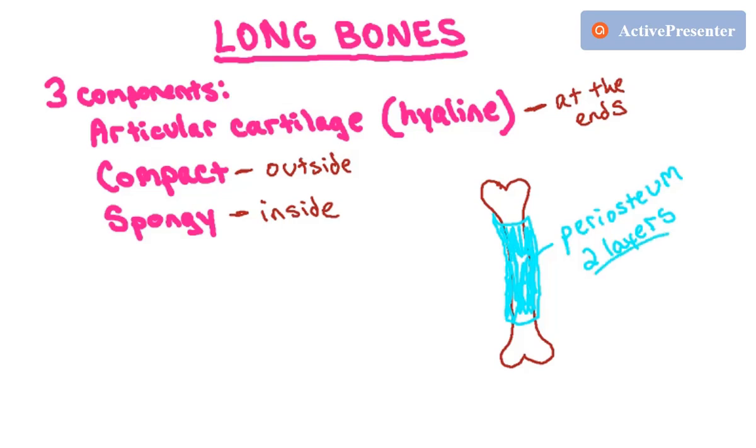So this is 2 layers. The outer layer is called the outer fibrous layer. The inner layer is called the inner osteogenic layer.